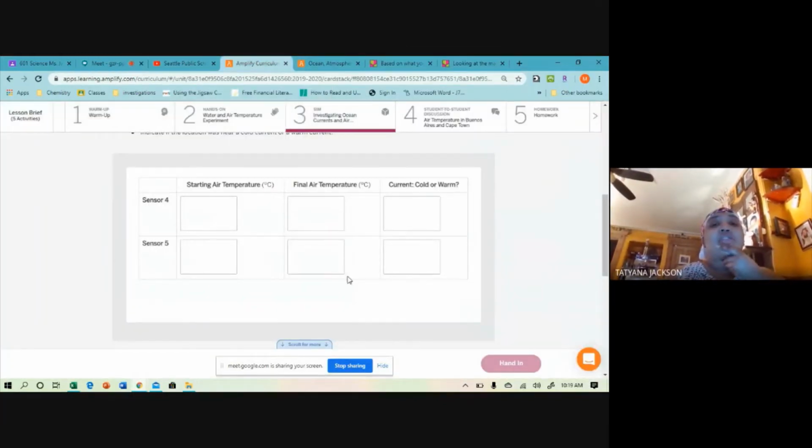So we're getting this chart right here down in our notebooks. And Ms. Jackson's going to get started in about another minute. So I'm going to give you guys till 10:20 to get this chart down on a piece of paper in your notebook.